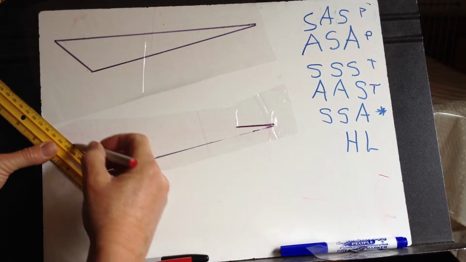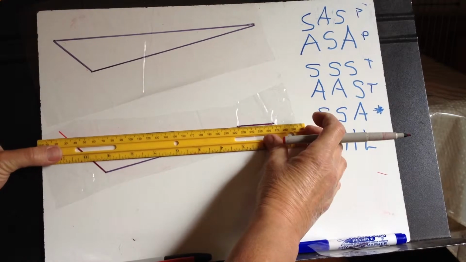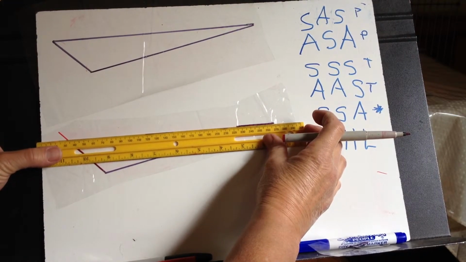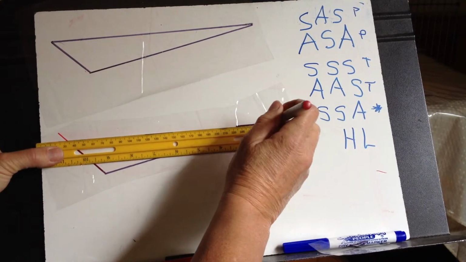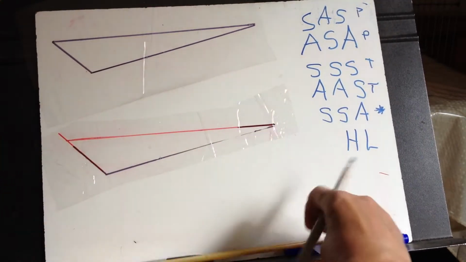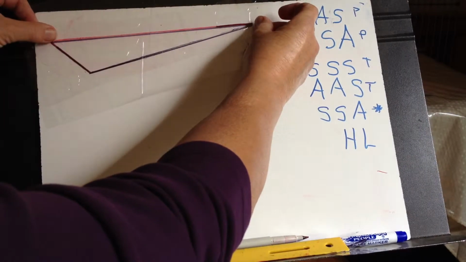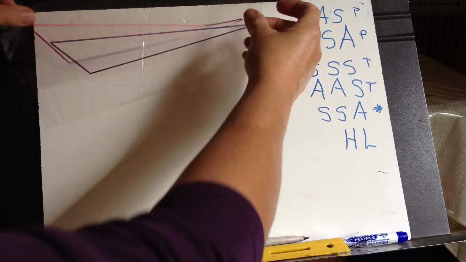And so that's what I'm doing here. And then on this side, that angle right there, I'm going to extend that side of that angle, and when I pick this up and put it back on the original triangle, it's the same triangle.